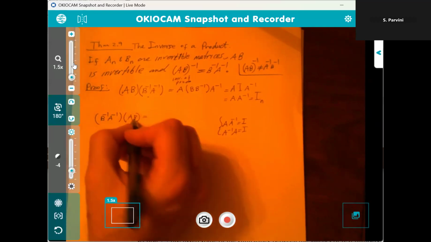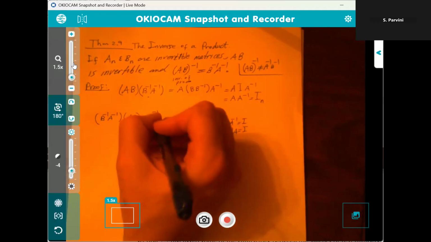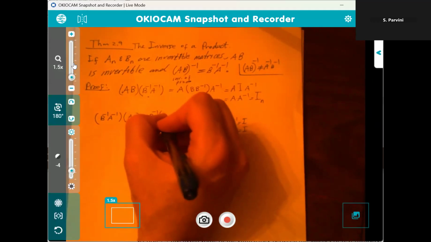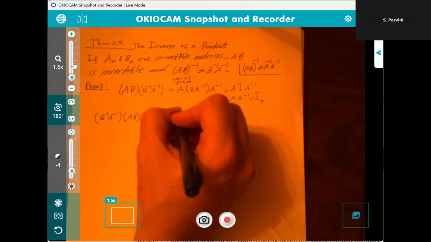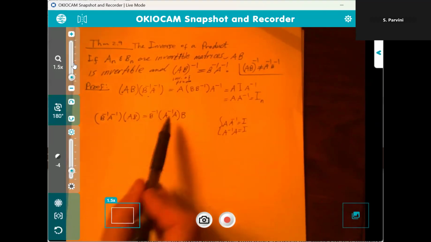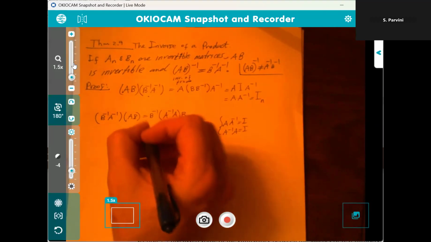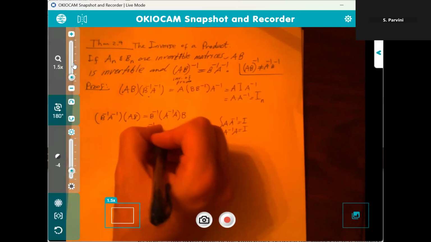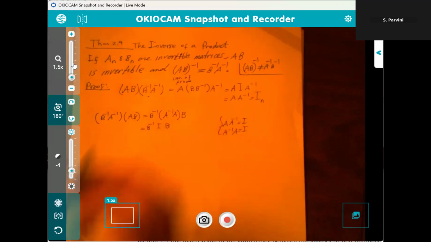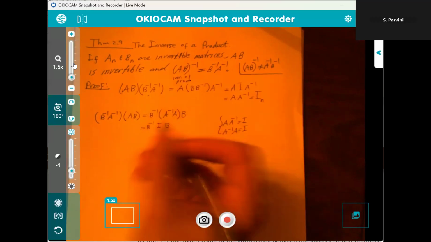Now, using the associative property, we're going to change the grouping of multiplication. Going to go to the two middle matrices, multiply A inverse A, and again, just like up here, any matrix's inverse times the matrix is identity. B inverse times identity is B inverse.